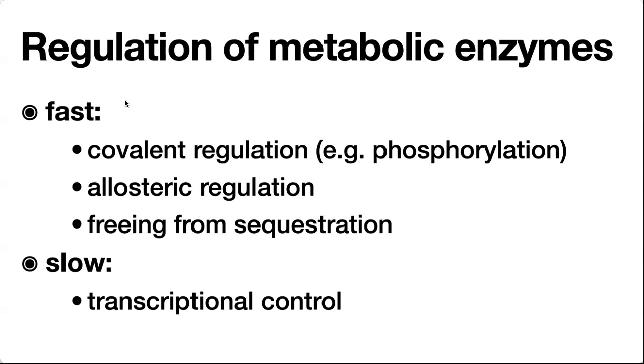And we could also free up enzymes from sequestration, take them, say, out of the nucleus and into the cytoplasm. All sorts of different examples of how we can regulate these pathways by regulating the activity of the enzymes, as well as the concentrations and all that good stuff.